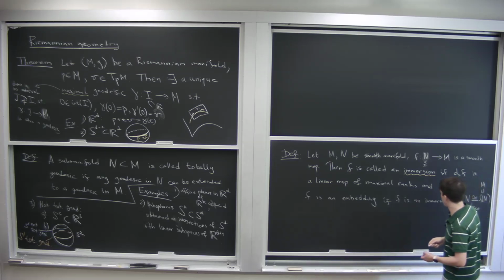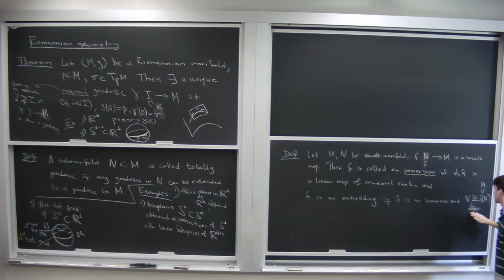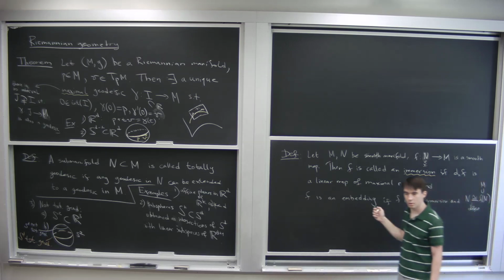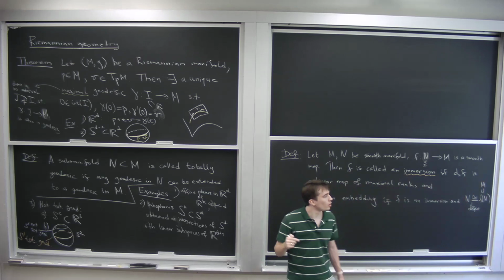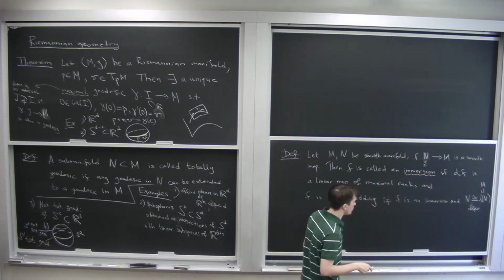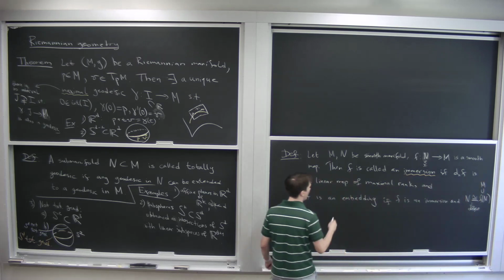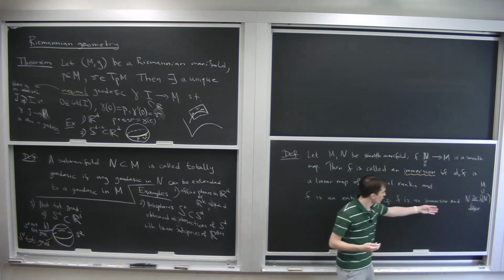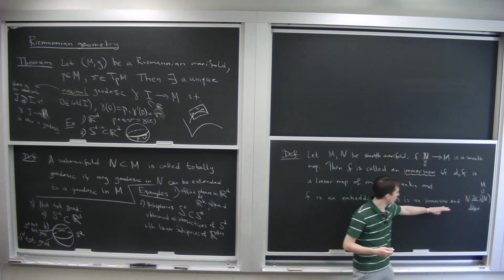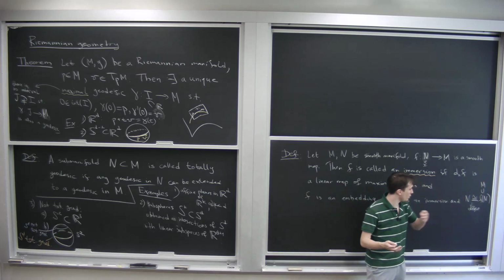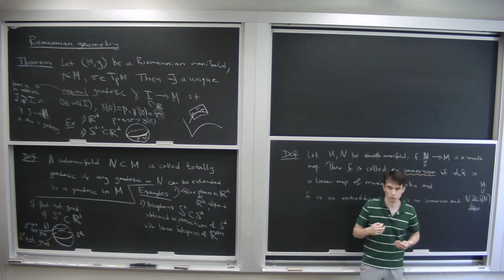The fact that it is diffeomorphic to its image, being a submanifold in M, probably implies that it's an immersion, but what is interesting, the main difference between immersions and embeddings, is that immersions allow self-intersections.